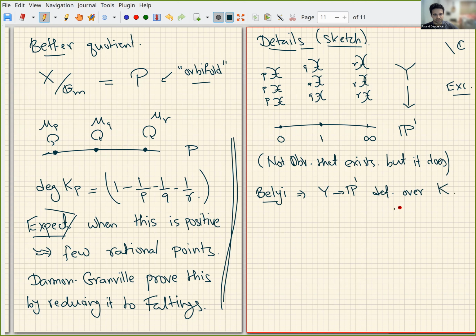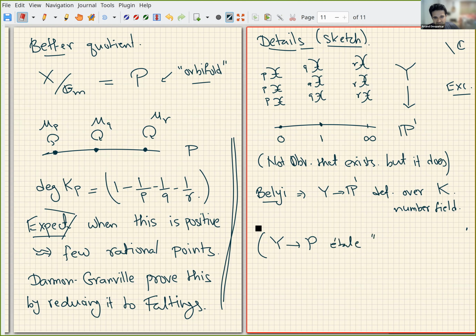Okay, so here's what's going on under the hood. When we insist that Y has a ramification exactly like this over P1, that's the same as saying that Y admits a map to this orbifold P, and this is actually a covering space.